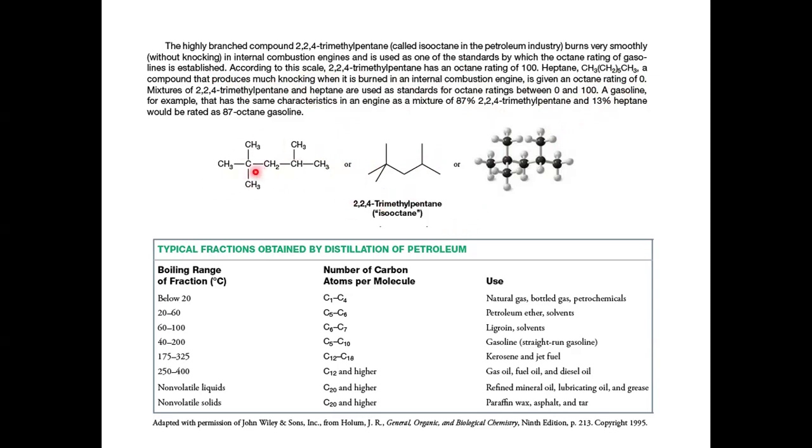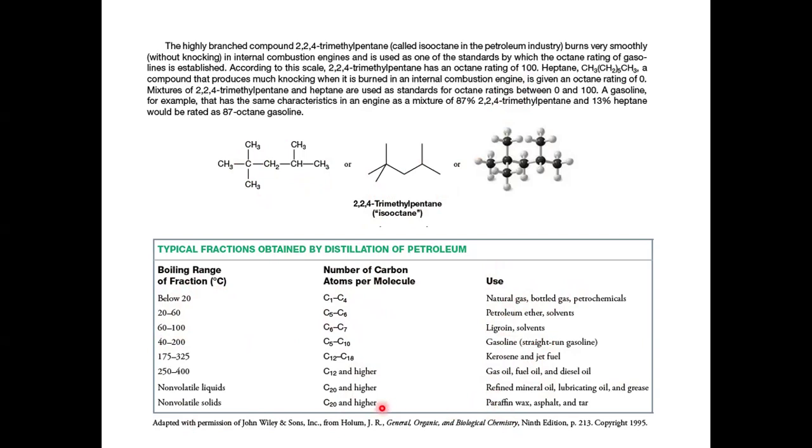So this will be the standard, isooctane, to give a rating of 100 when you have a mixture of this in the gasoline. And just remember the range of the number of carbon atoms per molecule for every range of boiling point fraction and the different types of petroleum, from natural gas to ethers to solvents, gasoline, kerosene, gas fuel.